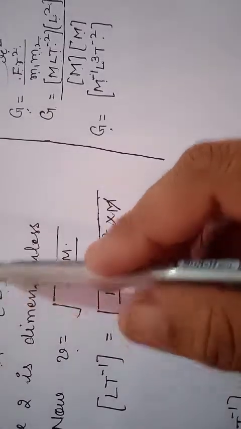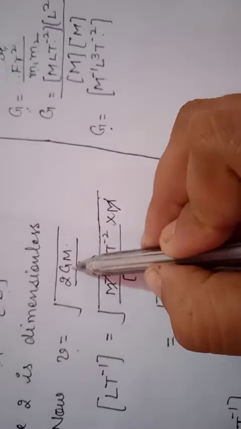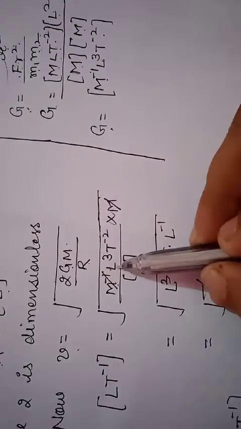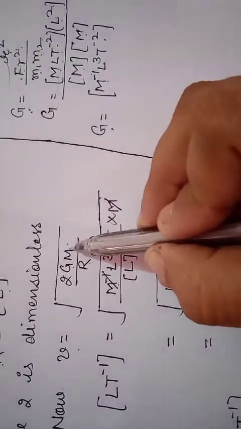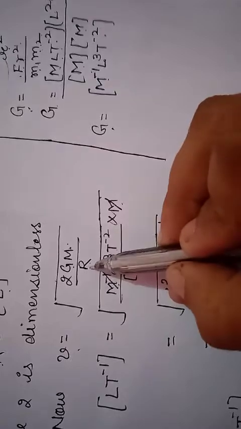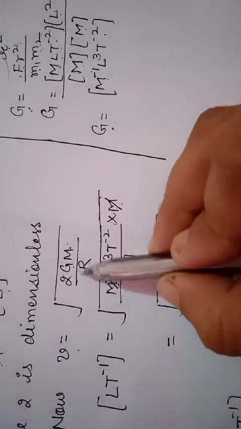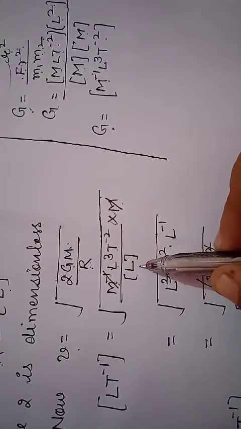The dimensions of the gravitational constant G are M minus 1 L cube T minus 2, into M, upon r, where r is a distance, so the dimensions of length.